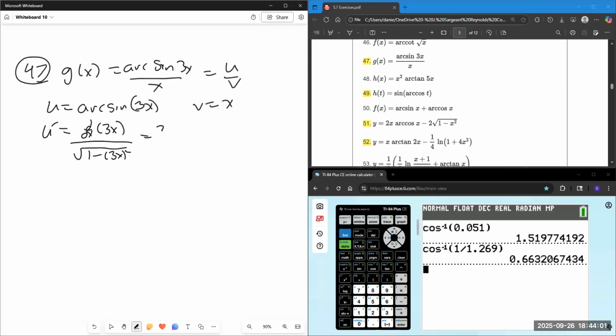So this is 3 over root 1 minus 9x squared. And v prime is 1.